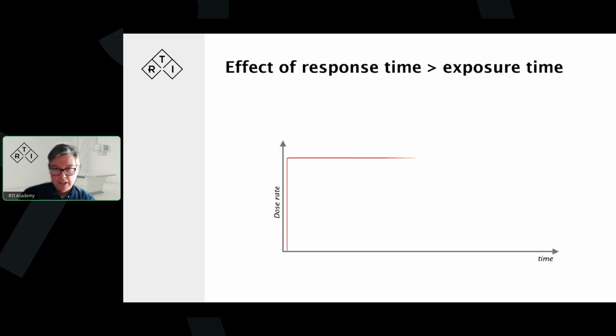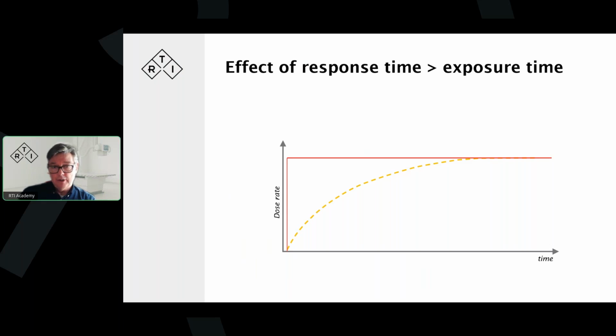Well, I've tried to illustrate it a little bit here. Let's say that we have an event that happens, a very sharp rise in radiation levels, the start of an exposure, for instance. Then the meter will respond. It will give you a readout, but it will take time for it to adapt.